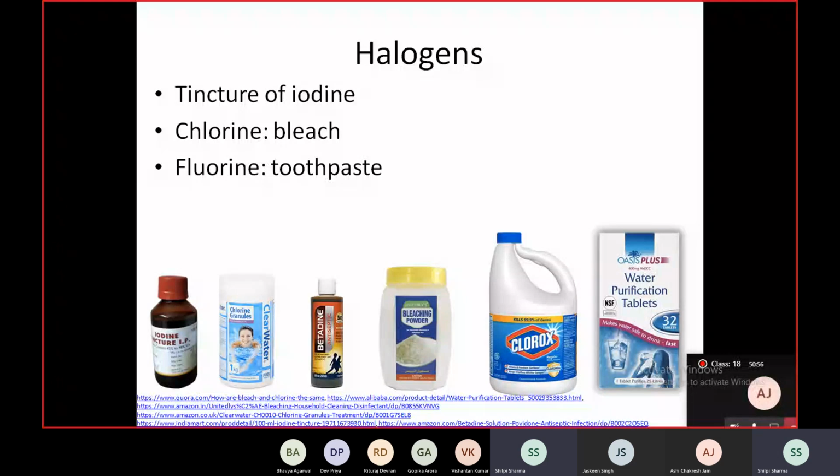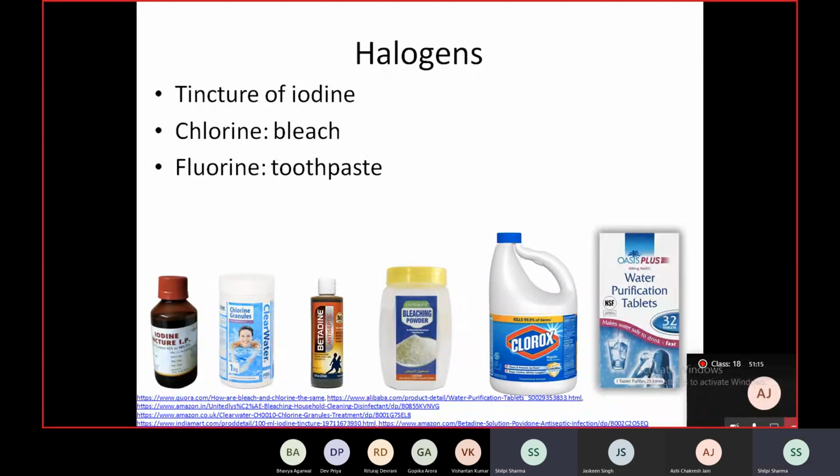On the other hand, now more commonly an iodophore is used, which is a compound of iodine complexed with an organic molecule, which increases iodine's stability and in turn its efficacy as well. So the betadine that you use is an iodophore.